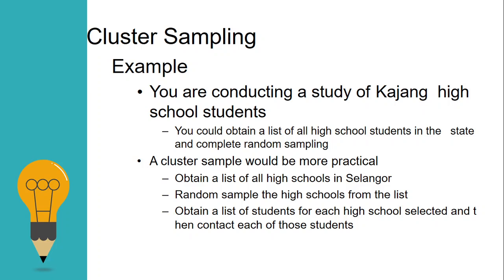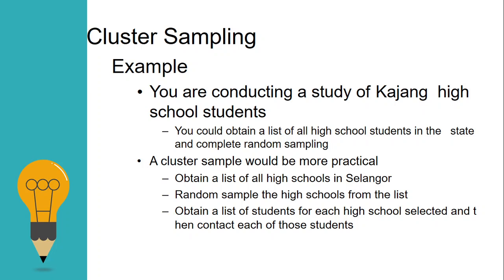Thus, the children are recruited from the same cluster. If the researcher uses cluster sampling, he or she must also perform cluster analysis. The statistical methods for this are different compared with non-cluster analysis.